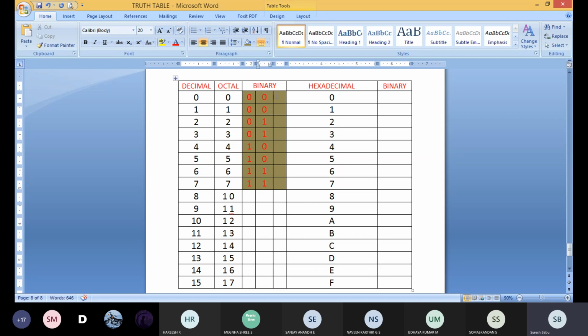Okay. Then the third input will be alternative zeros and ones. Alternative zeros and ones. 0, 1, 0, 1, 0, 1, 0, 1. That's all. Okay.